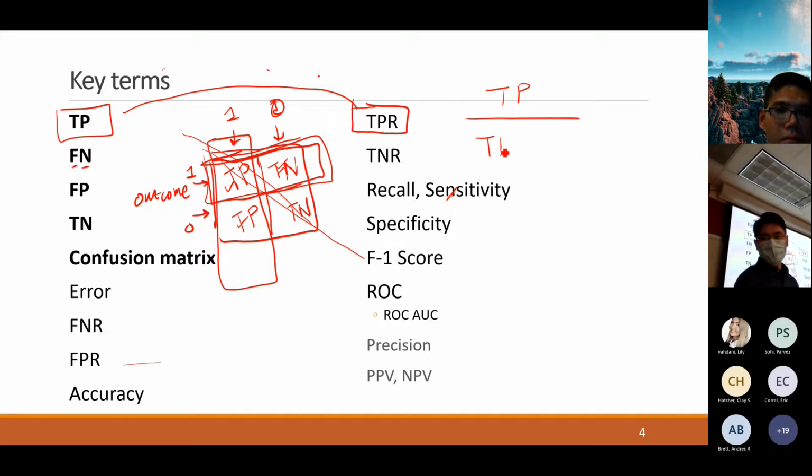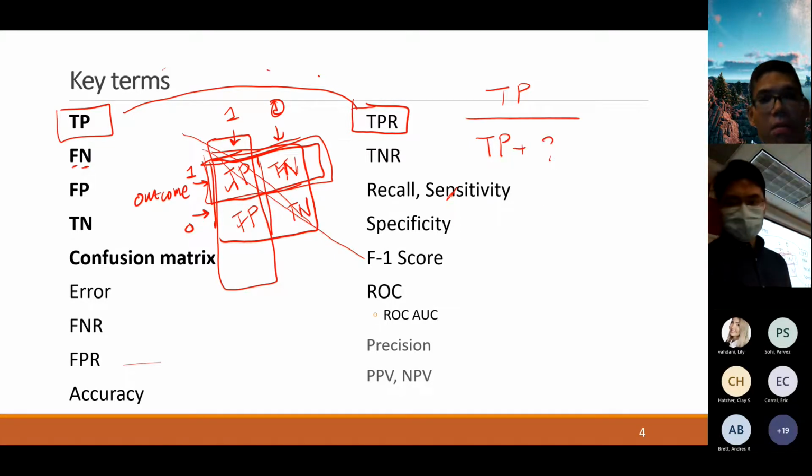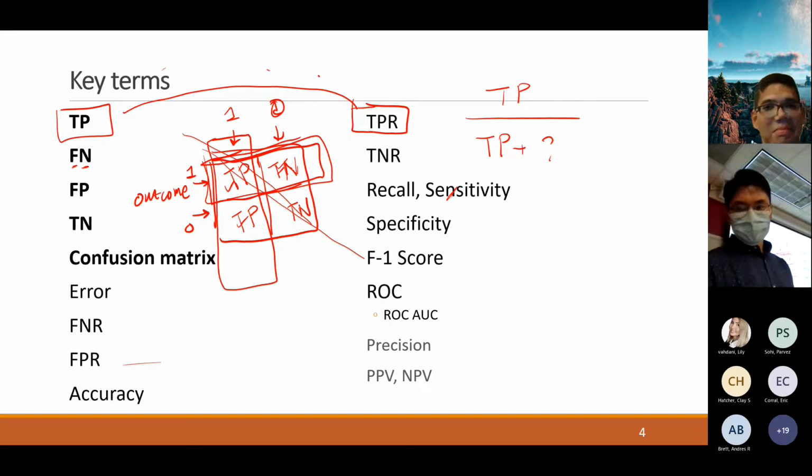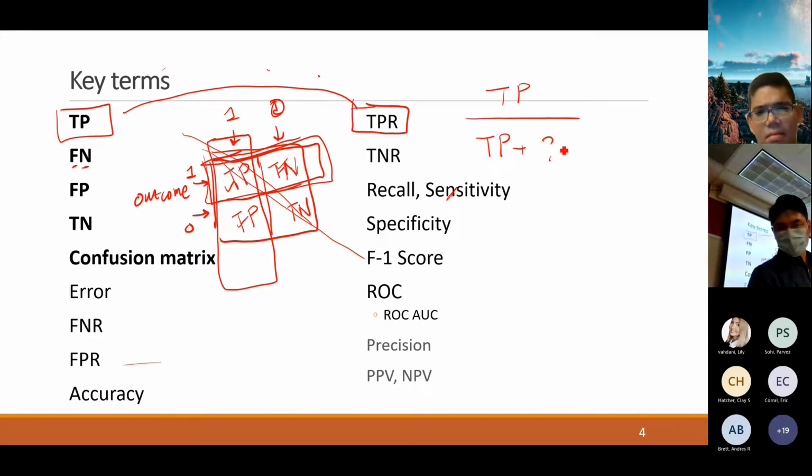You would still include the true positive in the denominator, but what is the other side? False negative. False positive. We need to divide by all the positives.